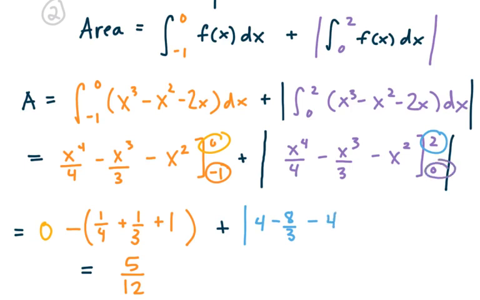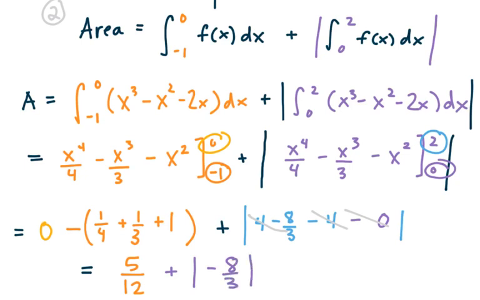And then we'll plug our last value in, 0. So minus, and we already did that in the first piece, we'll get 0 here. So the two 4's cancel each other out, and we don't need the minus 0. I end up with plus the absolute value of negative 8/3.